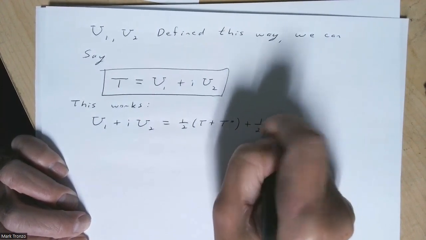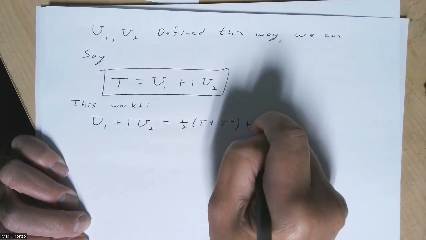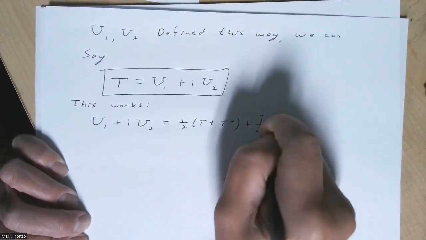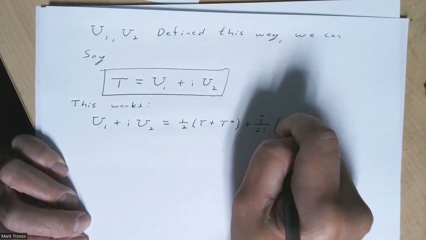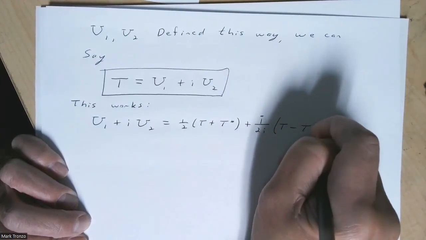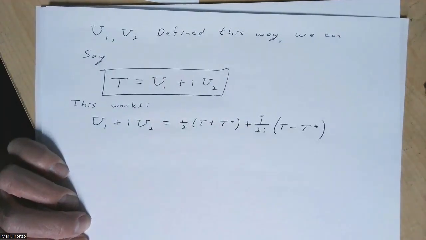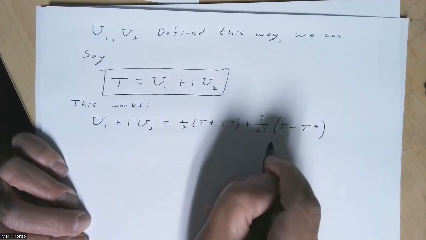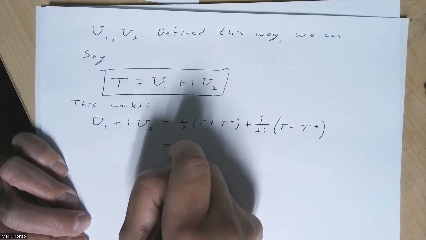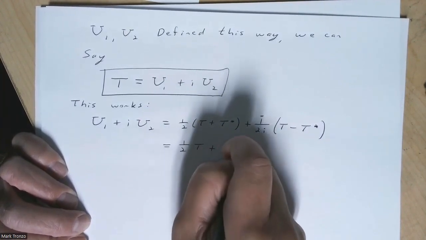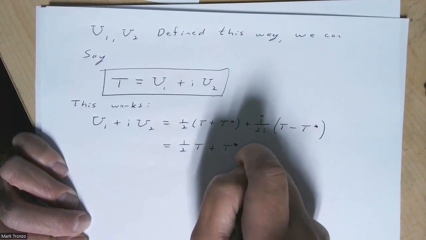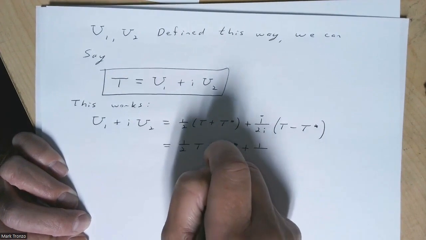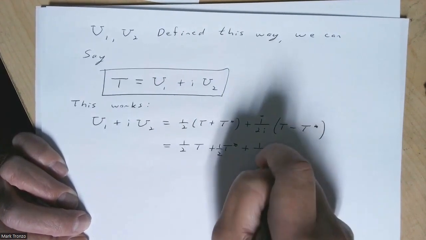Then u2 is one over 2i, and this is multiplied by i. So let me put that up here: (T minus T adjoint). I applied the i right over here, so you can see those cancel. 1/2 T plus 1/2 adjoint, and there should be a 1/2 there too.